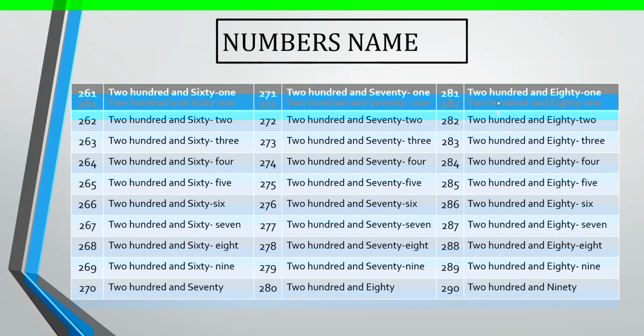The next number is starting from 281 to 290. Let's begin. You can start the numbers for 281, 282, 283, 284, 285, 286, 287, 288, 289, 290.